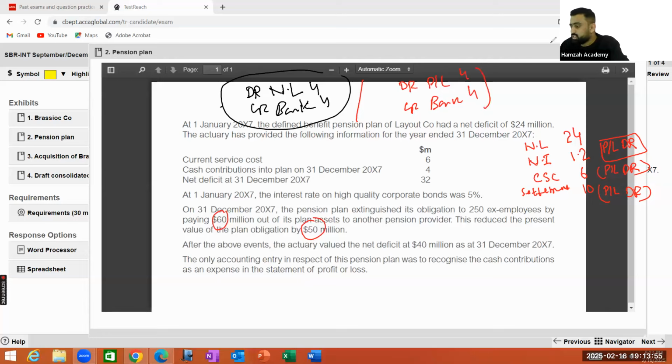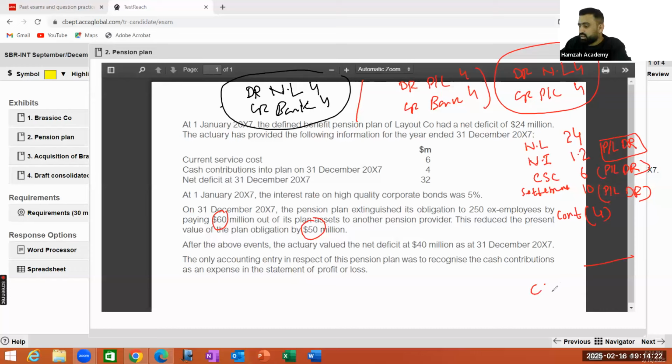Now, to rectify this, you have to debit the net liability and you have to credit the profit and loss account by 4 million. That would be the rectification. And the impact of that rectification will be, due to contribution, the value of the obligation would be decreased by 4 million.